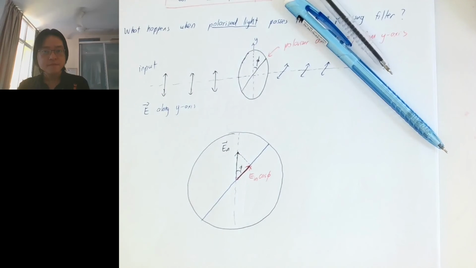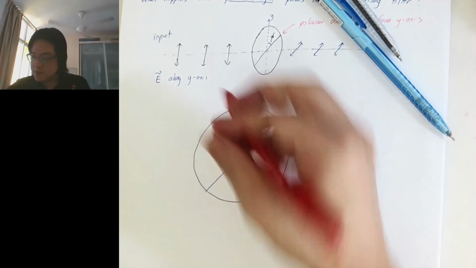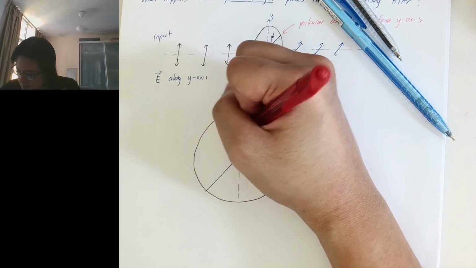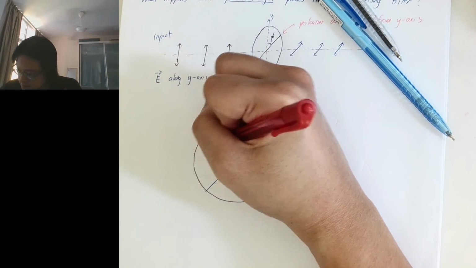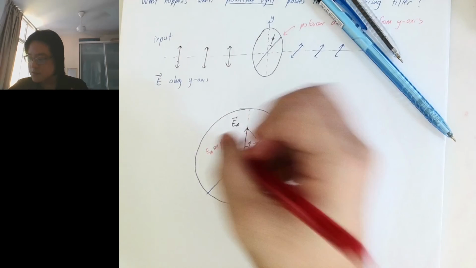Am I right? So this part, E sin phi, will be blocked. So this part will not pass through.